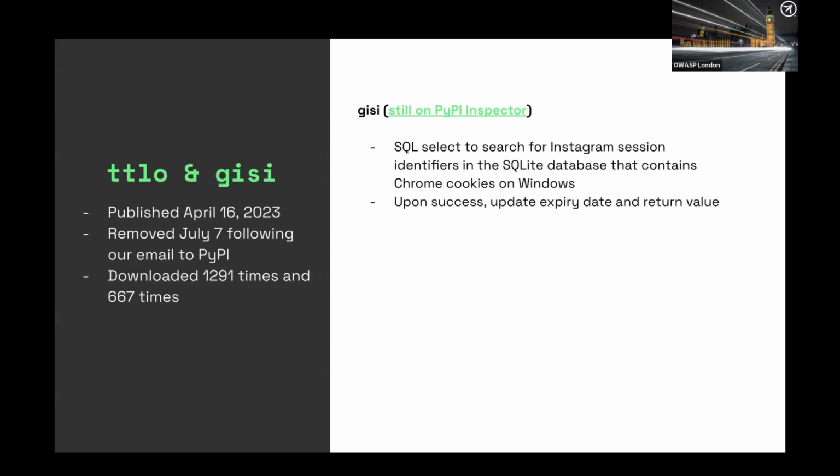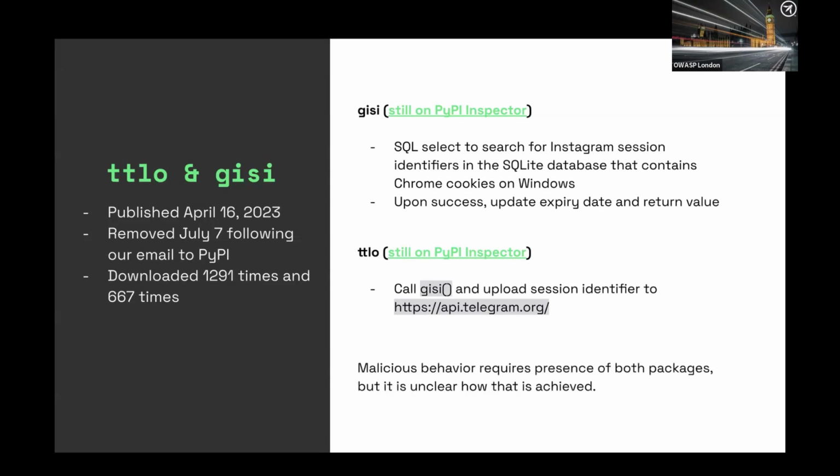And if they found cookies, it would exfiltrate them in order to impersonate the Instagram user to whom this cookie belongs. Actually, the exfiltration was done in this other package, TTLO, which called a functionality of the previous one in order to obtain the cookies. And so that was interesting.